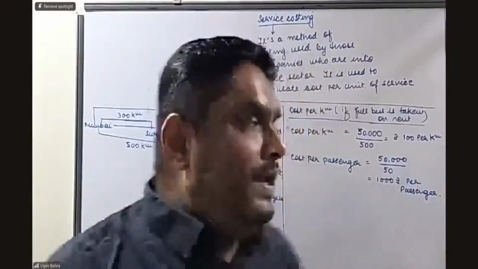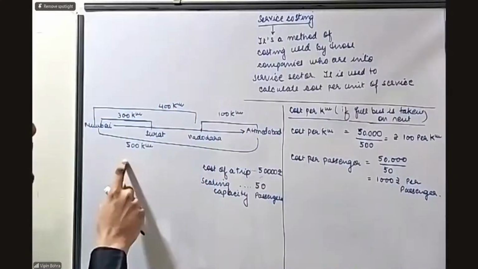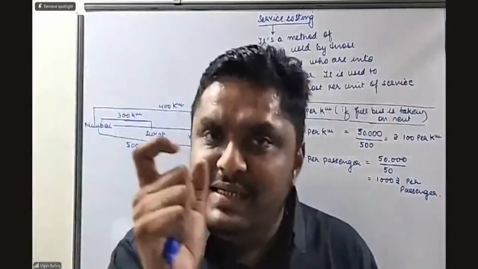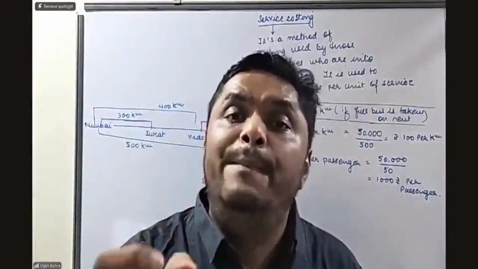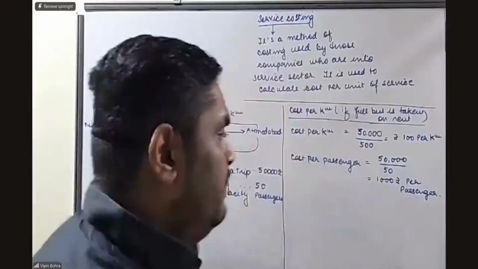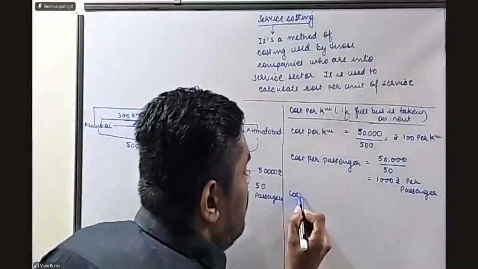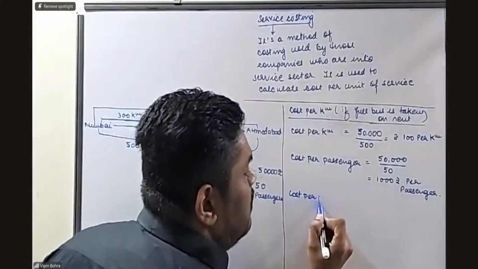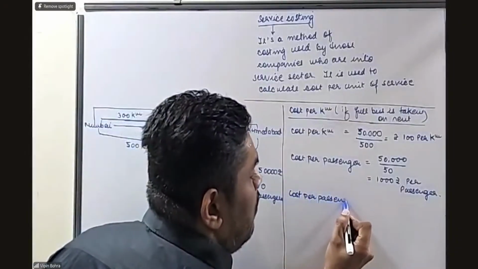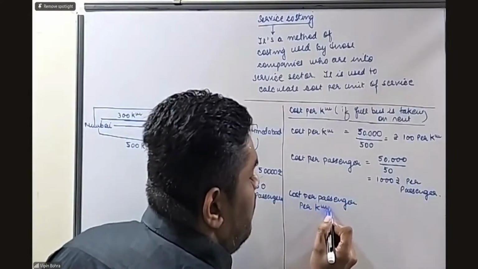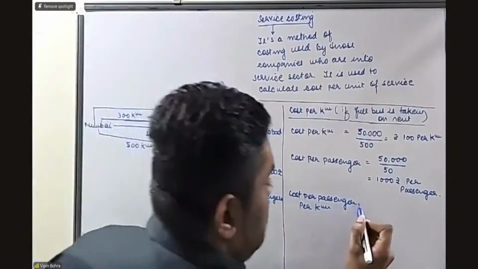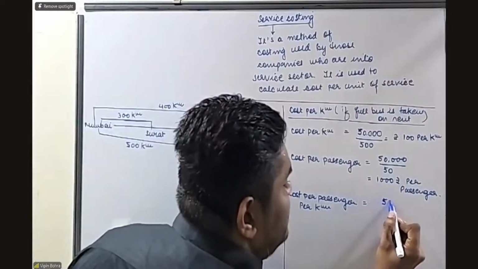Herein, in this case, the passengers and kilometers both are important. So we'll be calculating the cost per passenger per kilometer. So my total cost is 50,000.